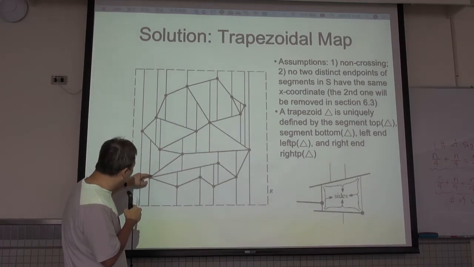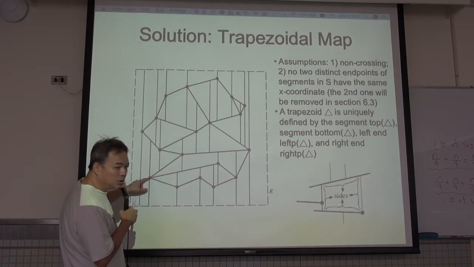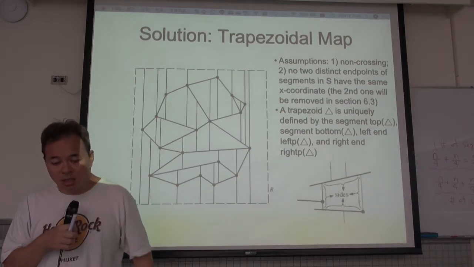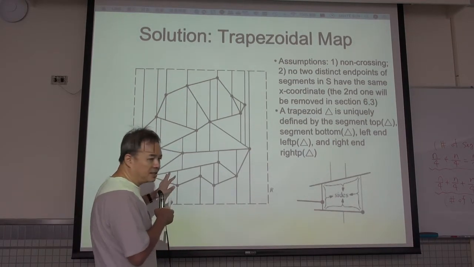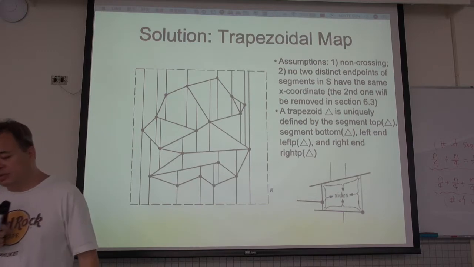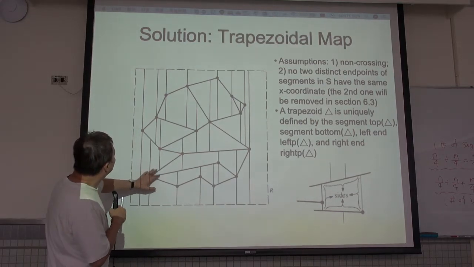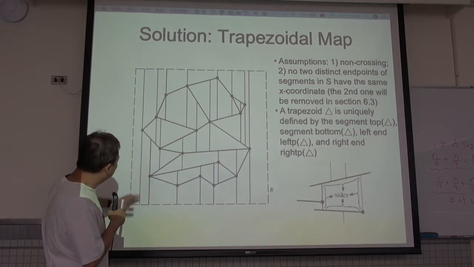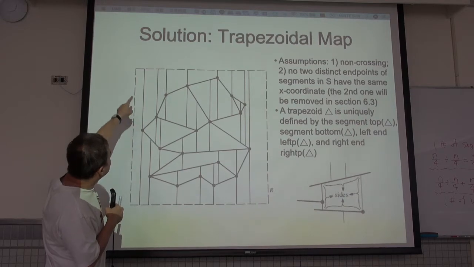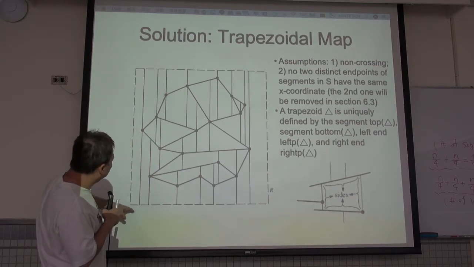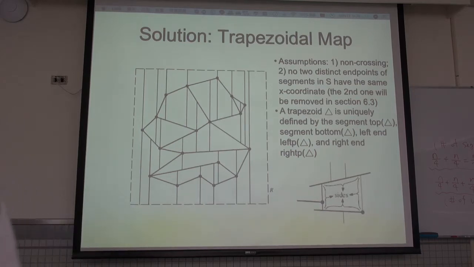In that case, it becomes a triangle. So if you consider a triangle as a special trapezoid, then everything here will be a trapezoid, including this one. This one you can say is a rectangle, but a rectangle, of course, is an example of a trapezoid, right?